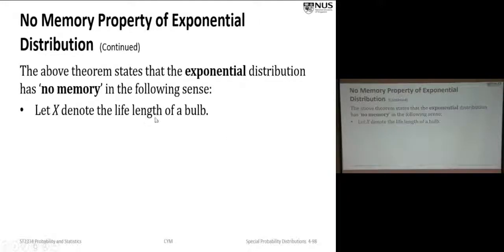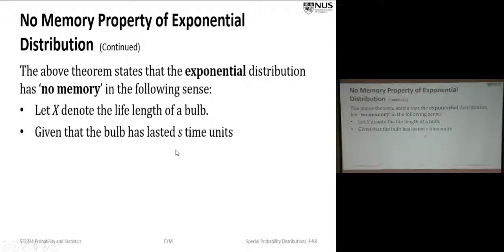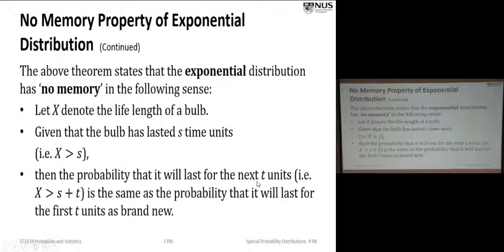Right. So no memory in the sense that, let's say x is the life length, all right? Then if the light bulb survived s time units, what's the chance that it survives the next t units? It's the same as you start fresh. From this point onward, what's the chance that it will last t units?